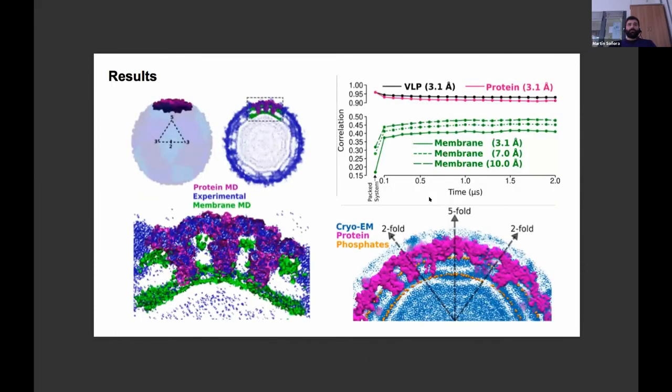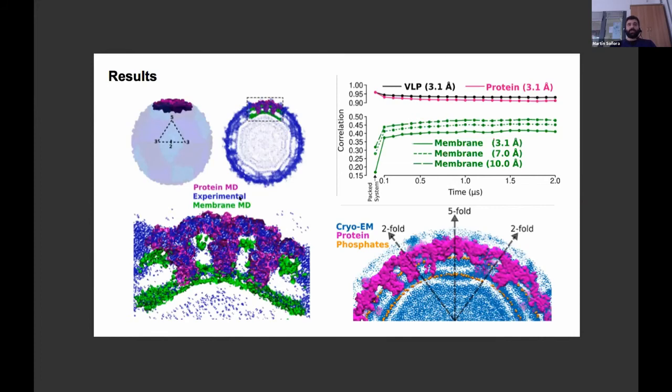Well, then I directly compare the density maps measured during the simulation, named here protein MD and membrane MD, pink and green respectively, and compared to the electron density map obtained from the cryo-electron microscope experiment, named here experimental.